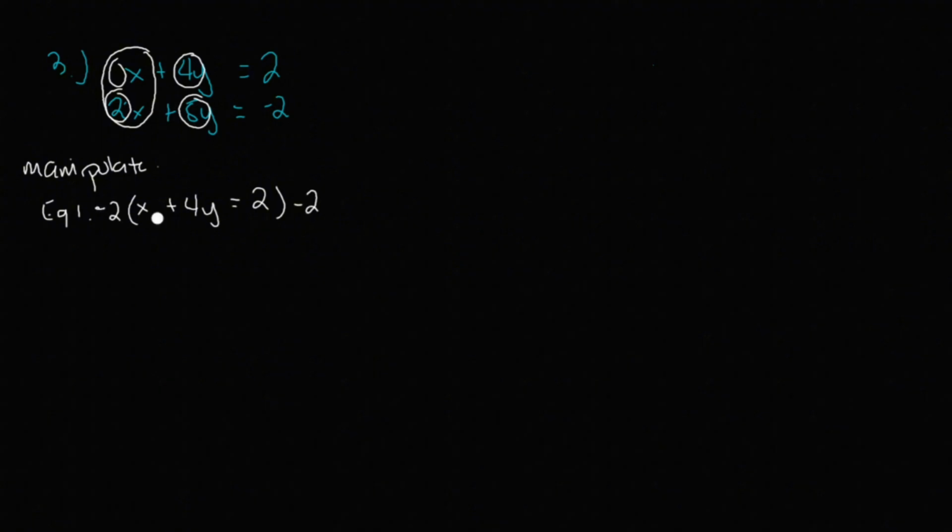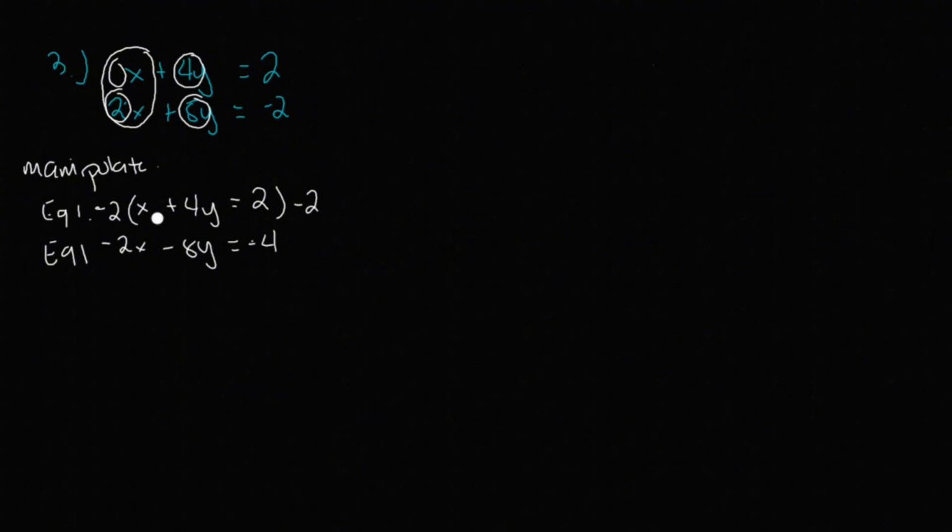We do this just to get the same numerical coefficient of x, at the same time different sign. Okay, so you have negative 2x minus 8y is equal to negative 4. This will be your new equation number 1.